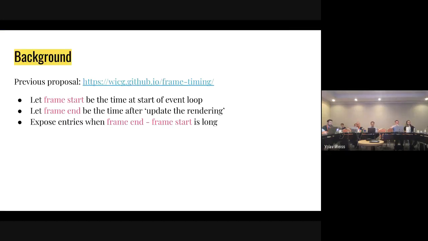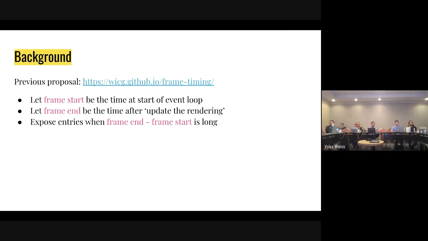So for background, there was a previous proposal, and there's the link for it. The basic idea of that proposal was: let frame start be the start of the event loop, and let frame end be the time that's captured after update the rendering.